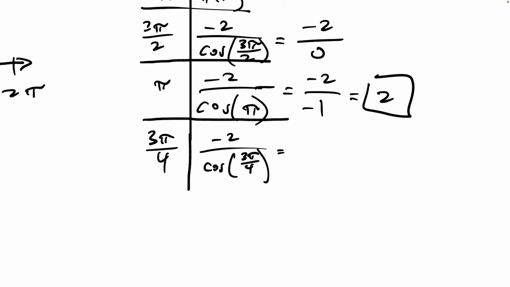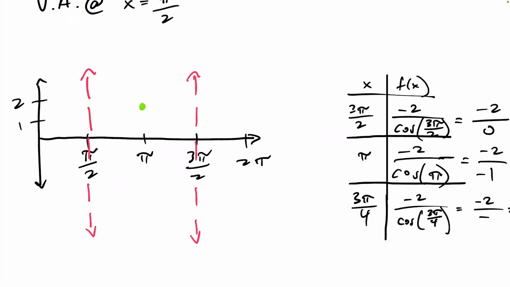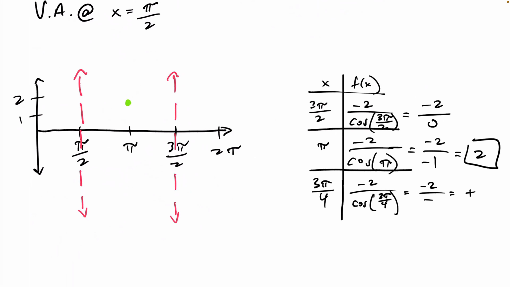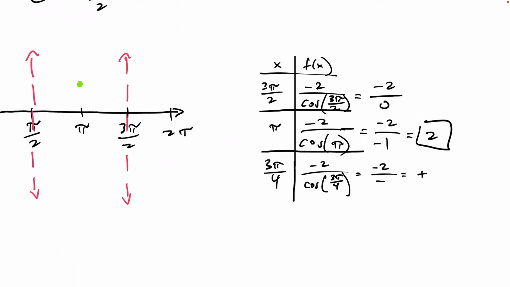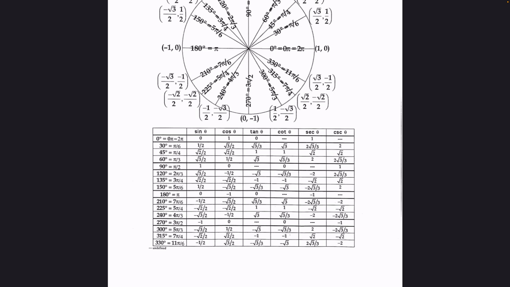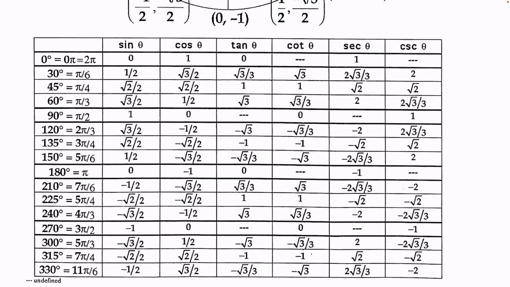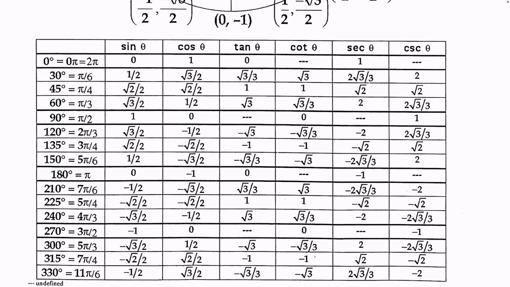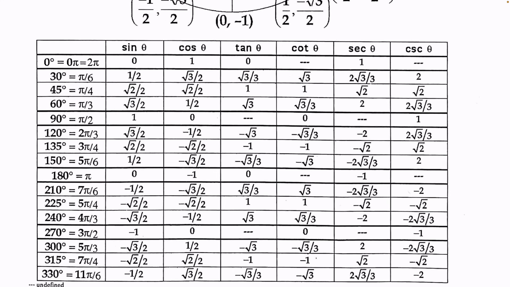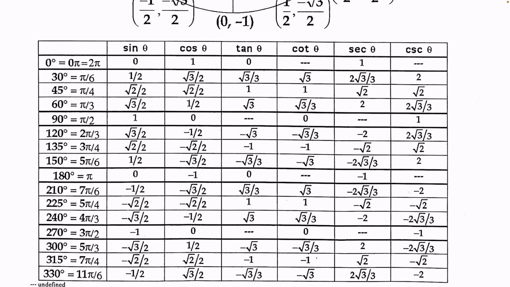Because if we get a negative on top and a negative on bottom, that's going to be a positive answer, right? Okay, so that tells us, 3 pi over 4 is negative root 2 over 2, negative root 2 over 2.